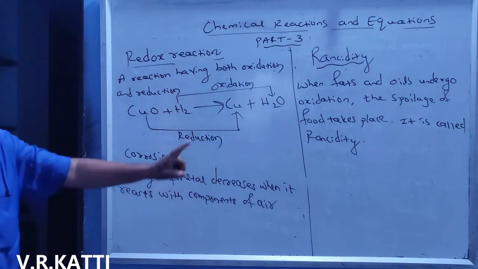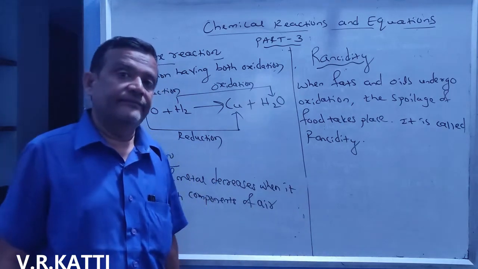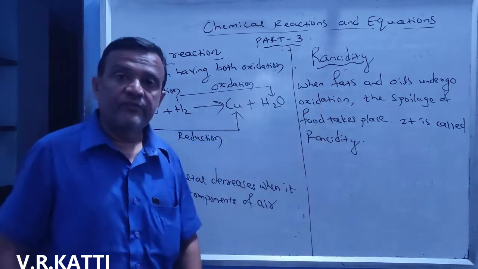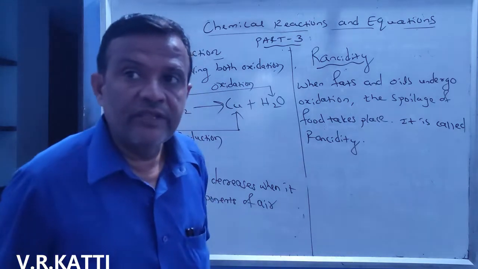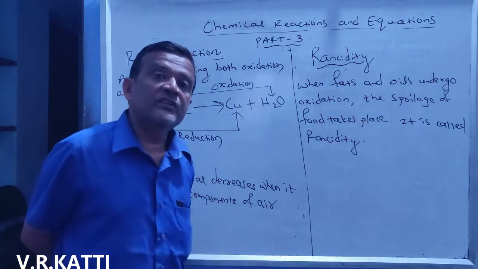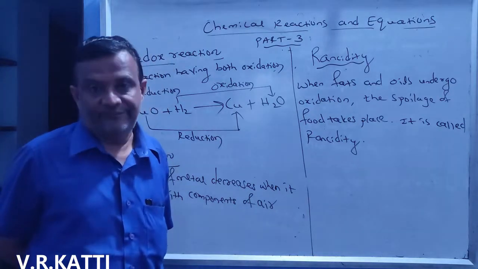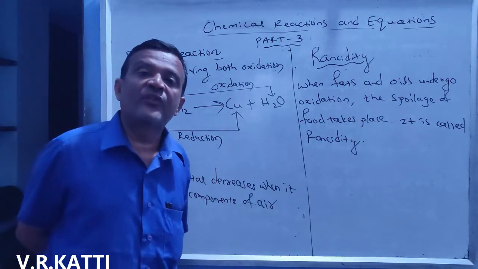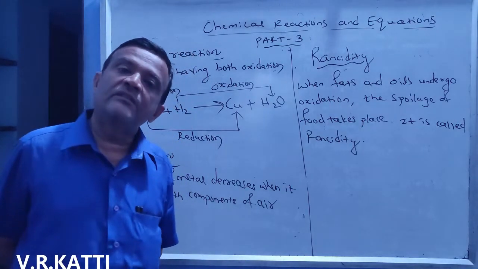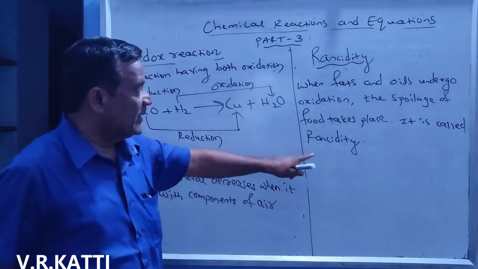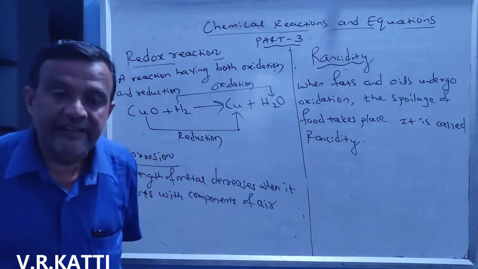For example, whatever foodstuffs are cooked using oils and fats, we should consume on the same day. If you keep them for a long period, a foul smell is observed and they may undergo spoilage. That we can call rancidity.